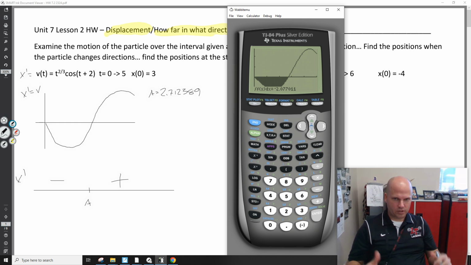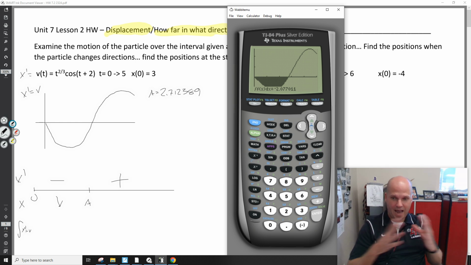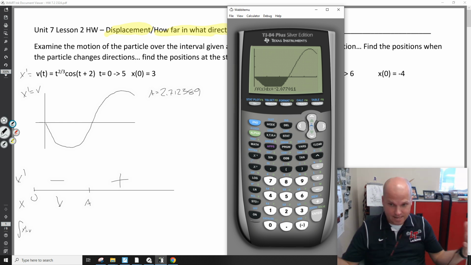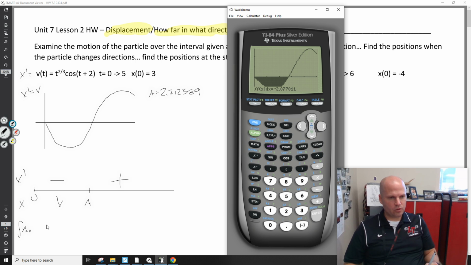Now, what does this mean? What are we going to write down? Well, x prime is negative. That means x is decreasing, the area under my derivative. And I'm using x prime because this is going to be applicable for f and for any other situation. The accumulation of a derivative is how much we are increasing or decreasing. So the accumulation from 0 to A of x prime is negative 2.077.